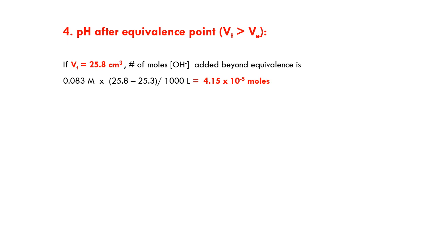In this case, the additional volume would have been 25.8 minus 25.3. So that would be your additional volume of base added. When we do concentration times the volume in liters, it tells us that we've added an excess of 4.15 times 10 to the minus 5 moles of hydroxide ions.